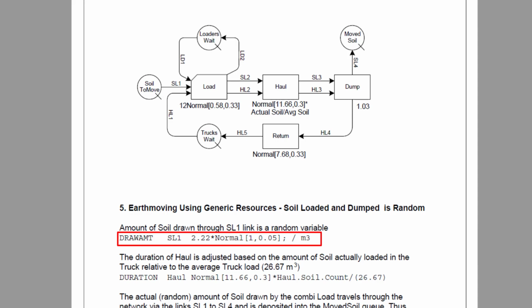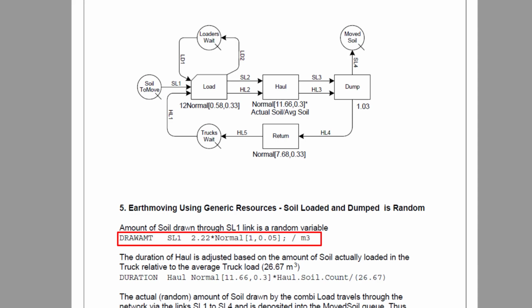Because of this, the amount of soil that each instance of the load combi activity receives is different from any other instance, because it is the sum of 12 normally distributed scoops, essentially.